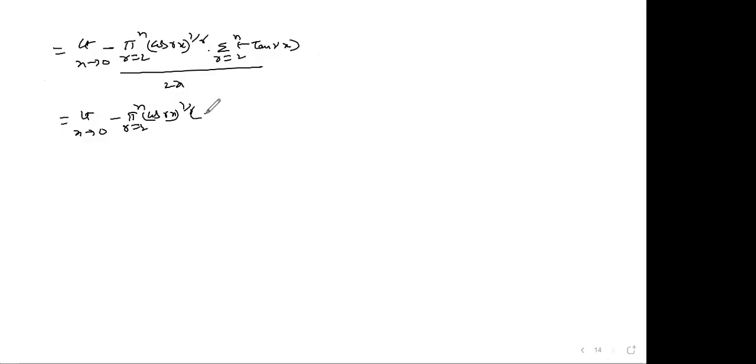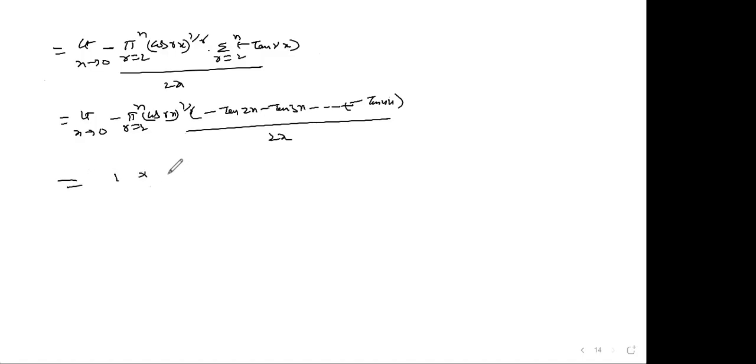And this is minus tan 2x, tan 3x, like this, minus tan nx, divided by 2x. So what I'll get here, 1 it is, and finally this is 1, we got it here. Here minus 1 is there, minus into minus is plus we are getting. So this becomes 1 only.